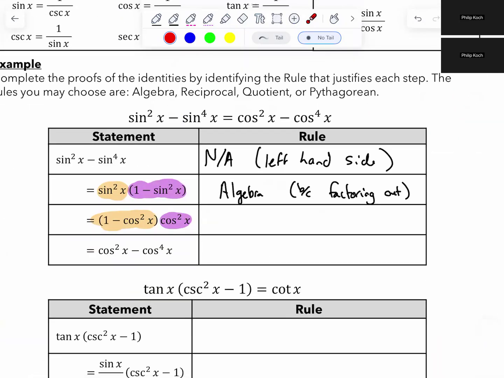So the sine squared becomes 1 minus cosine squared, and the 1 minus sine squared becomes cosine squared. Those are both Pythagorean identities. I wouldn't put them in the same step, but that's what the ALEKS program did. So this is going to be Pythag, a Pythagorean identity. And last but not least, you come to your final answer because you are distributing.